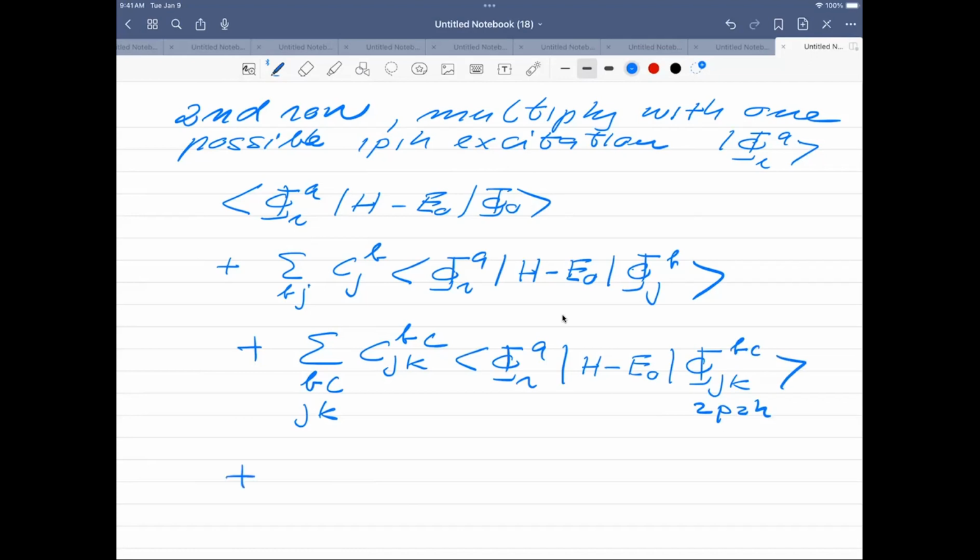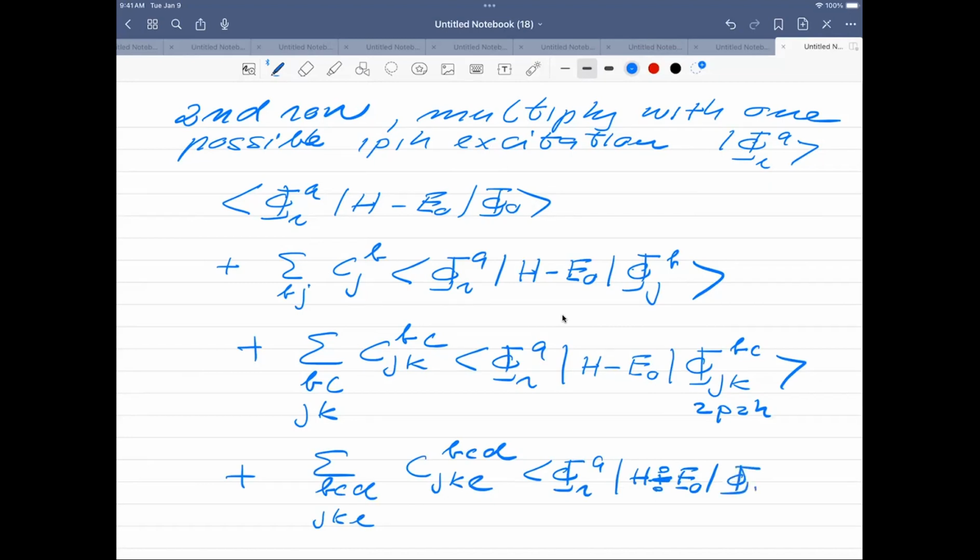So there has to be a new sum here, which now runs over B, C, D, and J, K, L. And I have an unknown coefficient, C_JKL,BCD. And then I have my phi_IA, H minus E0. And again, E0 disappears. So this should be a minus sign. And then I have my phi of JKL, BCD.